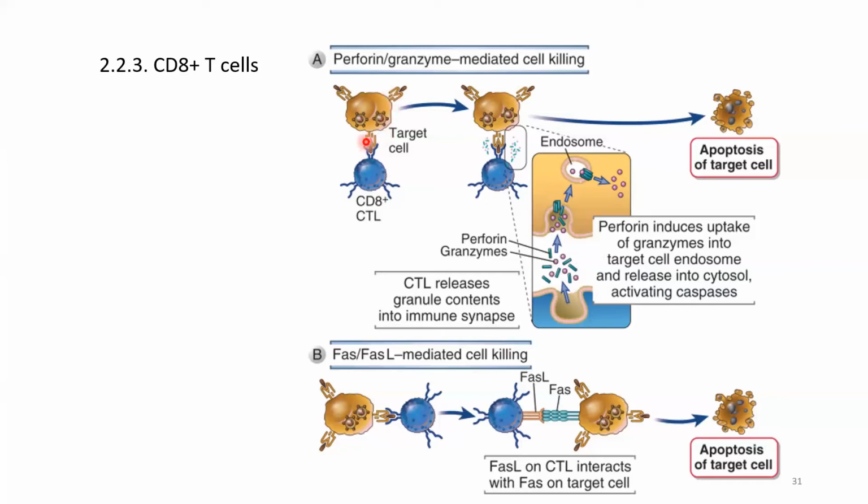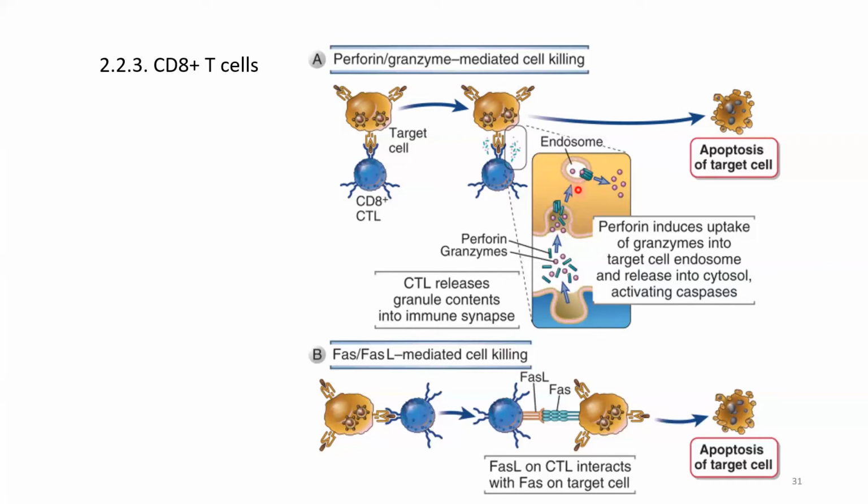So this infected cell can be recognized by CD8 positive cytotoxic T lymphocytes. After recognition, the CD8 positive cell releases perforin. Perforin is a protein that causes a pore on the cell surface and lets granzyme into the infected cell.